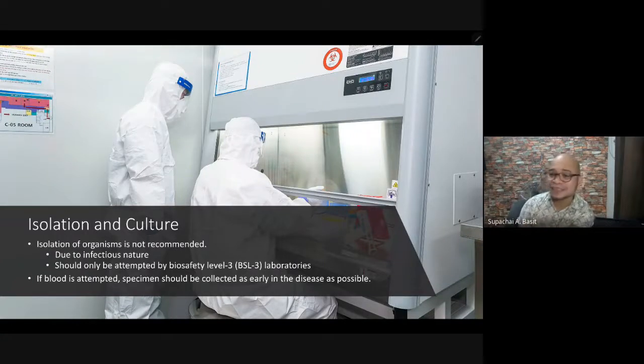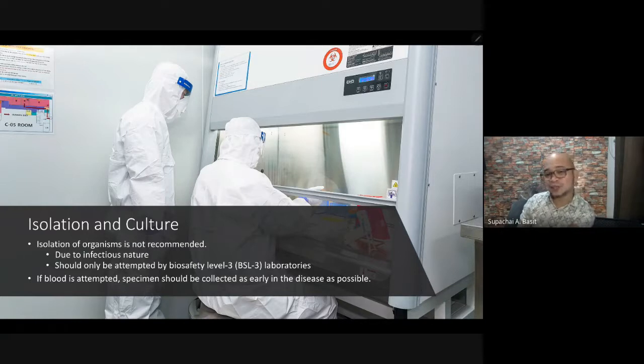You won't see hospitals doing routine microbiological procedures isolating rickettsia unless that particular hospital is a research hospital. If a laboratory would try to isolate rickettsia, it should only be attempted by biosafety level 3 laboratories like the one that you are seeing here in the illustration or in this photograph.